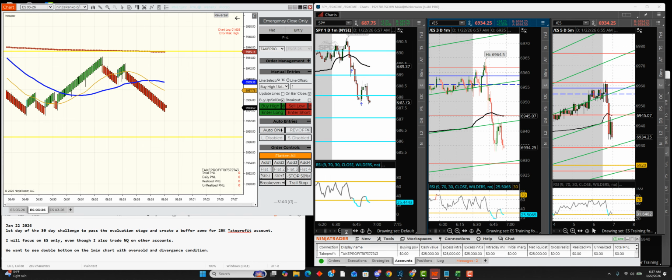See, when you get these wicks here, if it breaks below here, that's a pullback and then it's going to go down.